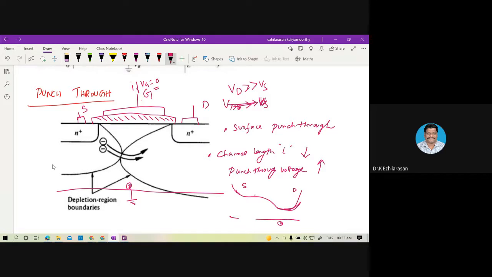This is the merging, see here. These two places, the boundaries of the depletion region, so this is what we call punch through.